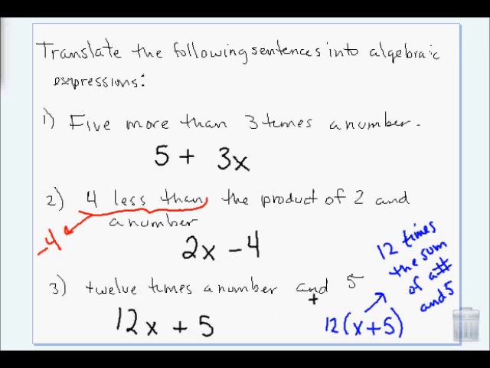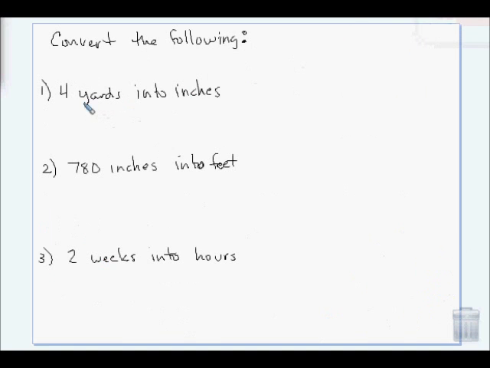Okay, we're going to convert 4 yards into inches. So I have 4 yards. And if you don't know how many inches are in a yard, that's okay, because you can say there are 3 feet in 1 yard, and then there are 12 inches in 1 foot.